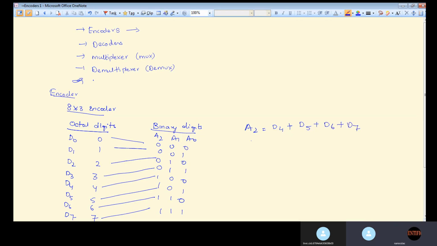Simply, A1 is equal to D2 plus D3 plus D6 plus D7. Very good. Then A0 is equal to D1 plus D3 plus D5 plus D7. Simply write the logic equation for A2, A1 and A0.